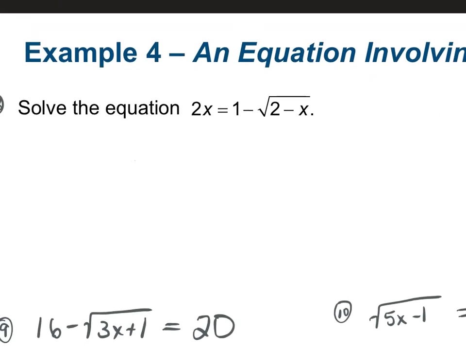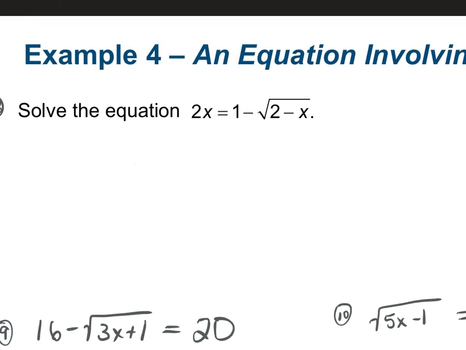So if I look at this first example, I like to use different colors so I can visually see my radical, okay? I want this to be completely by itself. So how am I going to get this radical completely by itself? What's the first thing I need to do? Subtract the 1.